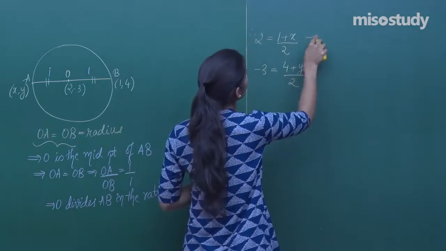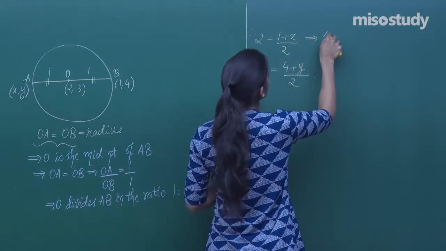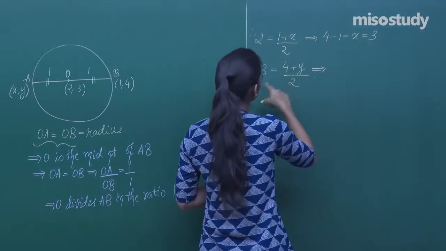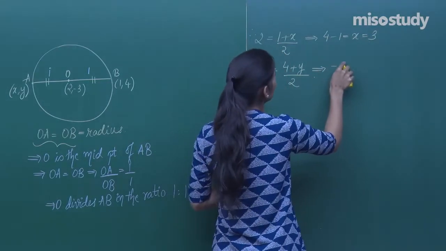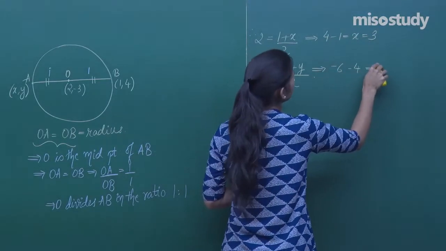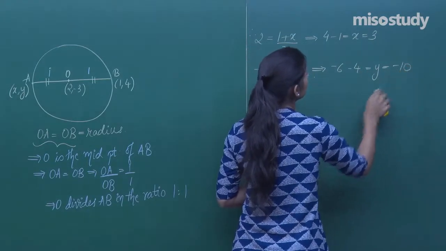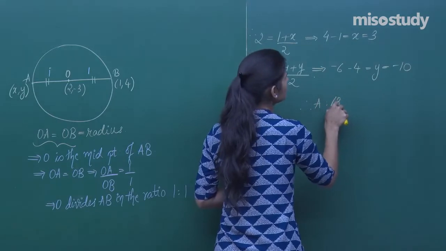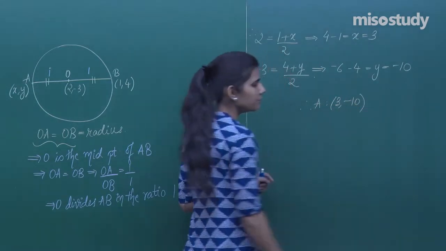So this gives you 2 into 2 is 4, 4 minus 1 is x, which is 3, minus 3 into 2 is minus 6, minus 4 is y, so this is minus 10.